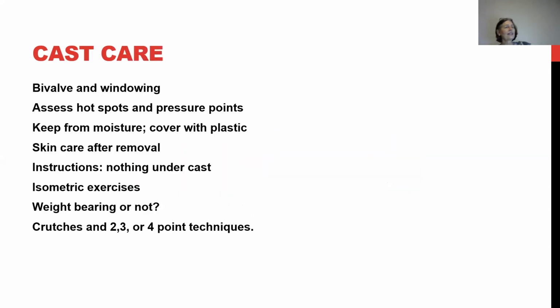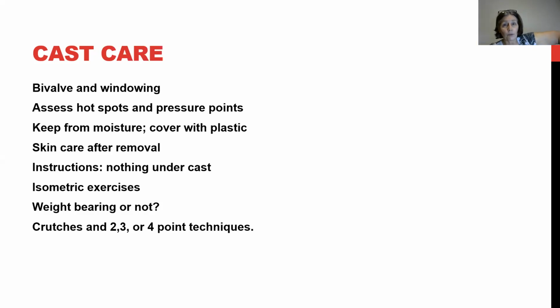So there's lots of care of a cast. There's certain things we just have to know. Casts should not get wet after they are applied. So if it's raining outside and the patient has to go out, they need to cover their cast with plastic and tape that plastic around it. If they're going to take a bath, which is very important, we still want our patients to bathe, they can cover that cast with plastic.